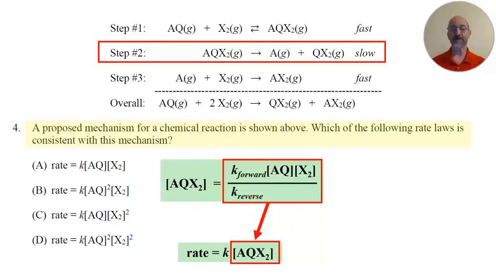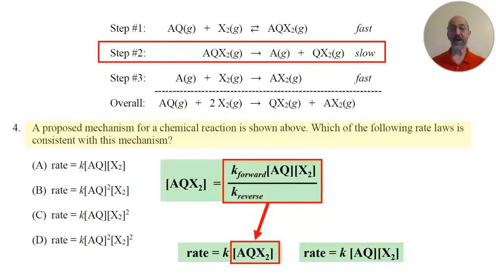When I do that, I'm going to get a combined rate constant, which I'm just merging into one universal rate constant for this rate law. All of those K values are different, but they're all getting merged together. So I have now done that substitution procedure, and I get rate equals a rate constant K times the concentration of AQ times the concentration of X2.